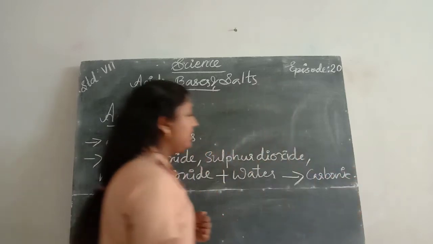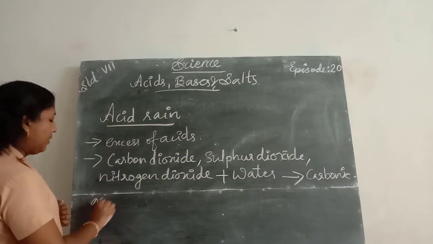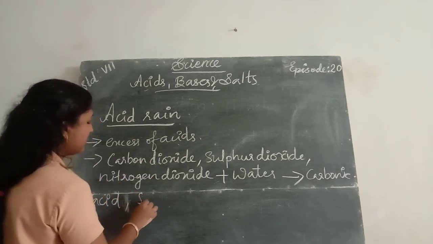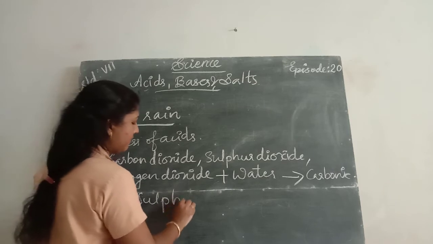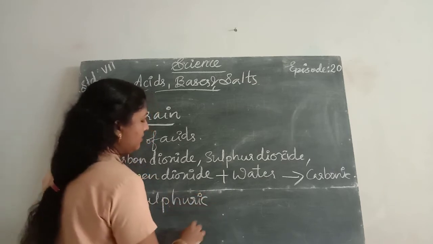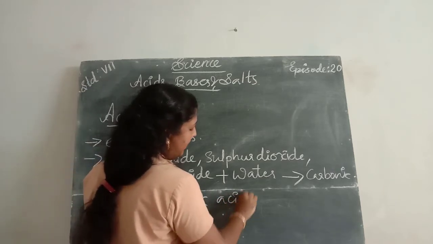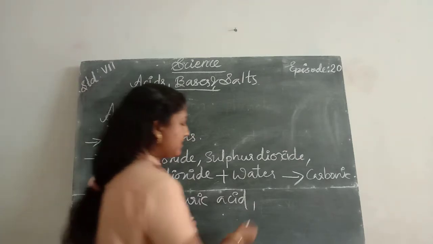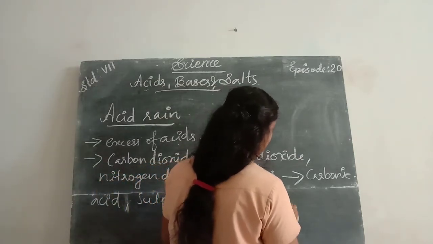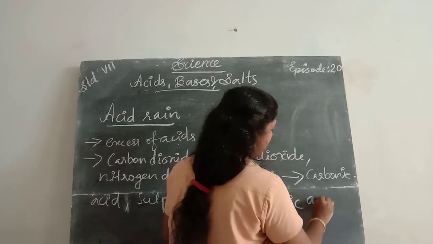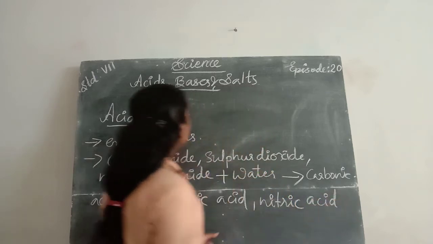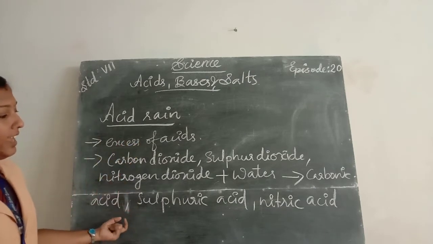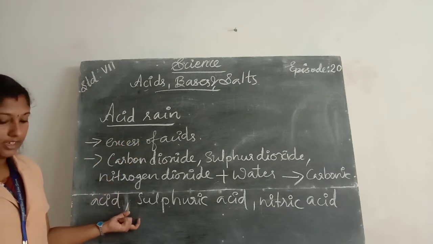Carbonic acid, sulfuric acid, and nitric acid. So the rain contains excess of acids.